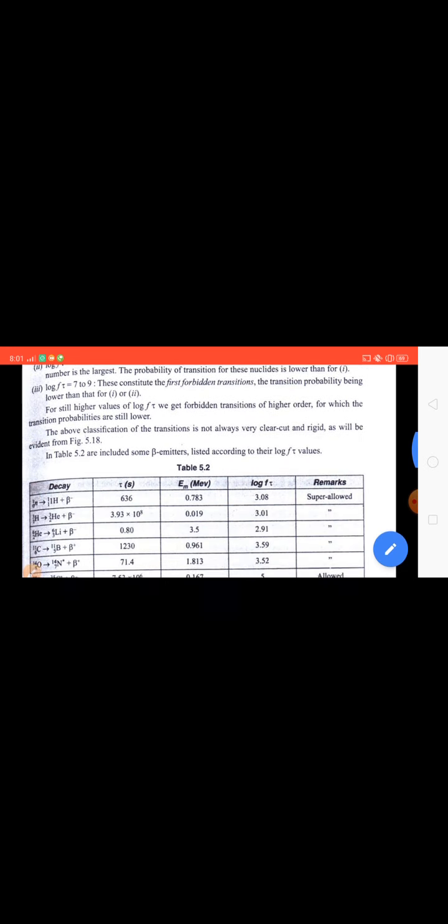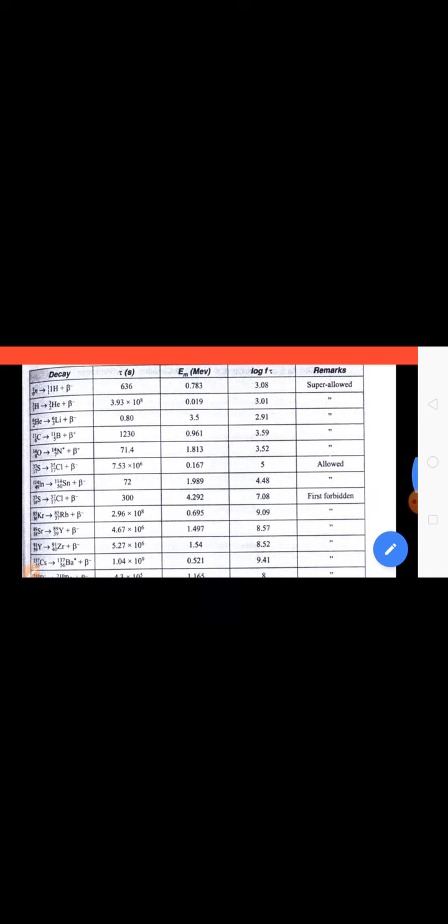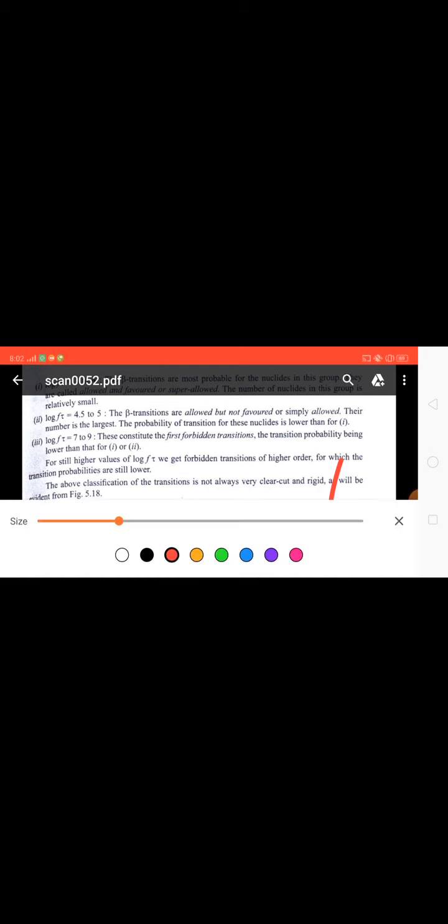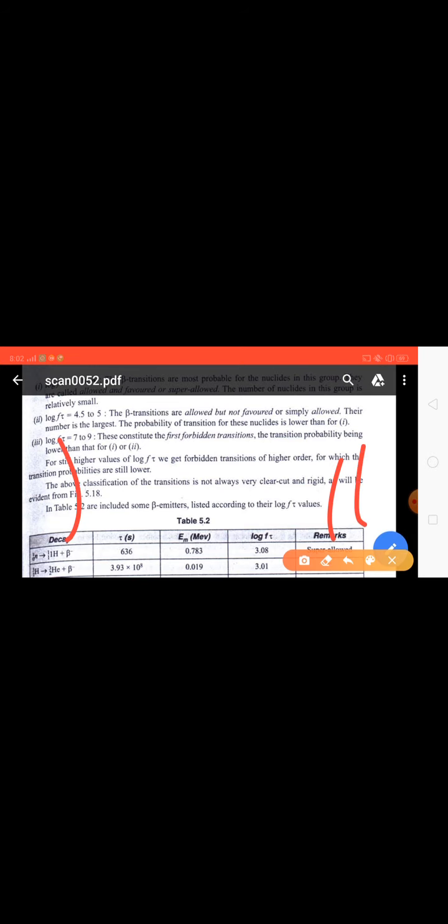Read it once. This is very important. They will definitely ask it for 8 to 10 marks: how the beta transitions can be categorized or differentiated depending on the log Ft values. That graph is also very important, this table is also very important, and these 3 points are also very important. Please do remember this, and once again read it and solve the derivation.